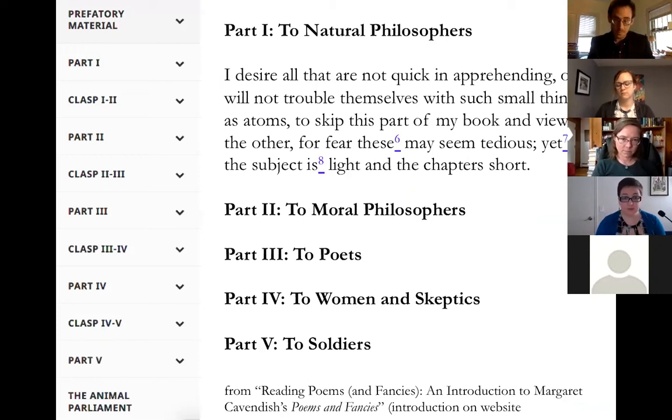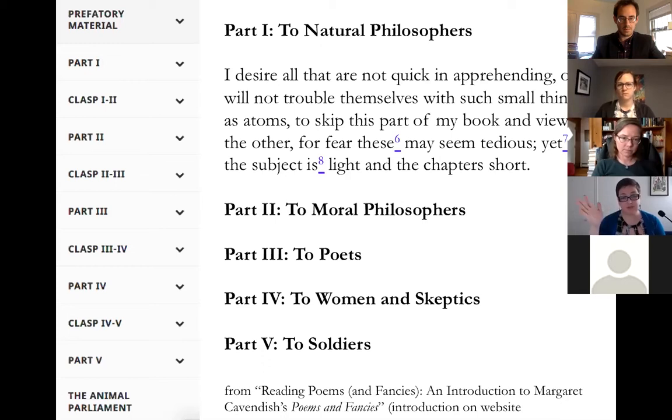So I've written, for example, in the main introduction to the poems website about the structure of Poems and Fancies, which is divided into 5 parts that are very philosophically distinct. These parts are connected by clasps that partake of each of the 2 parts. And each of these 5 parts is targeted very explicitly to a different body of people, to a different audience.